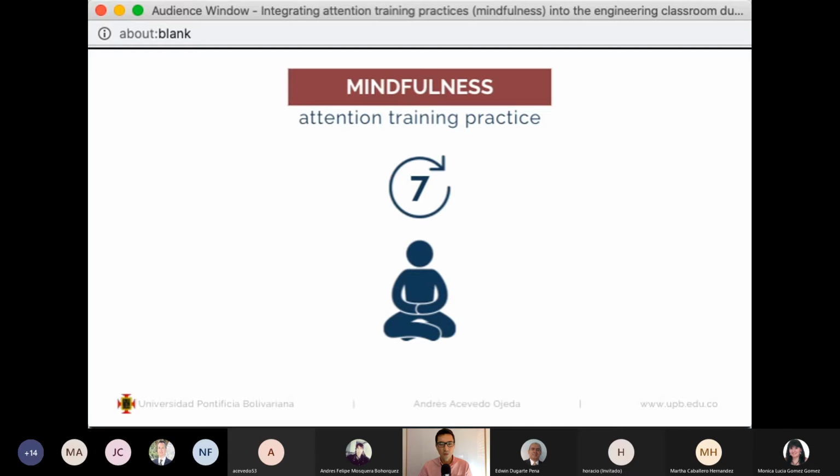Just feel all the raw sensations associated with the breath. From the beginning of the inhalation, through the pause between breaths, and follow the breath, follow the exhalation to the end.